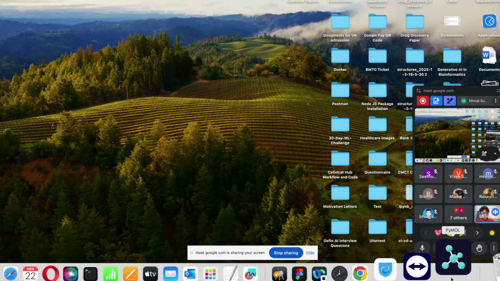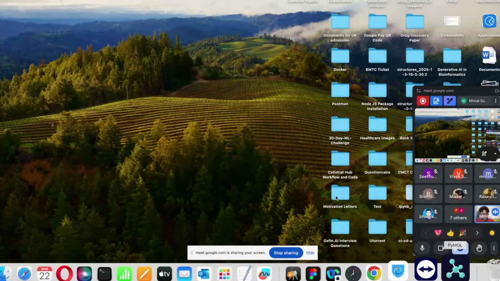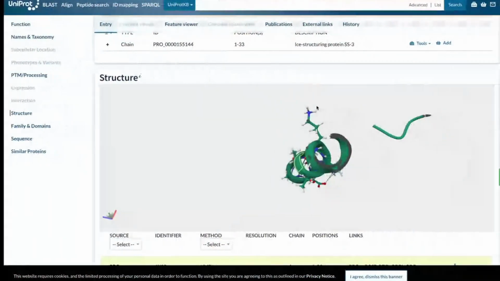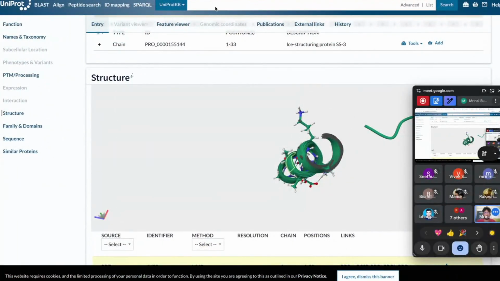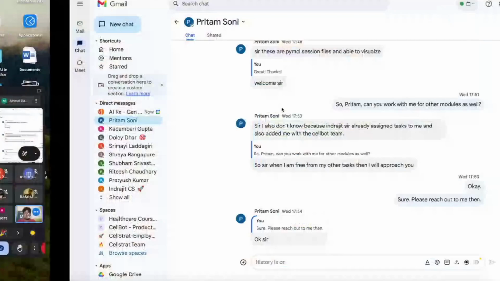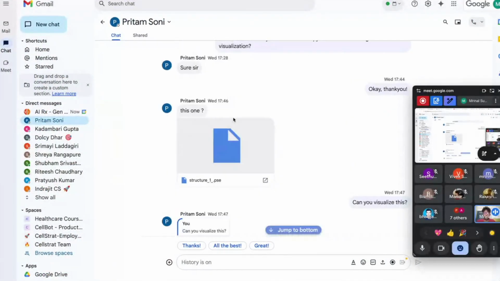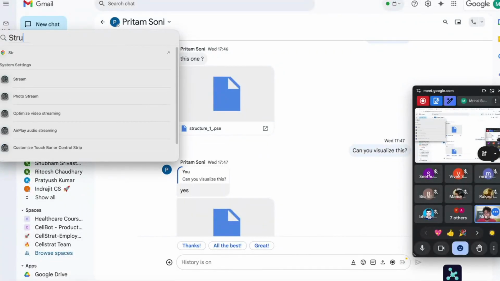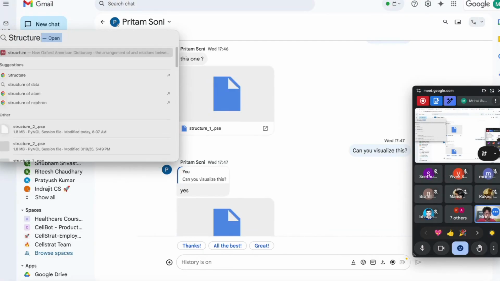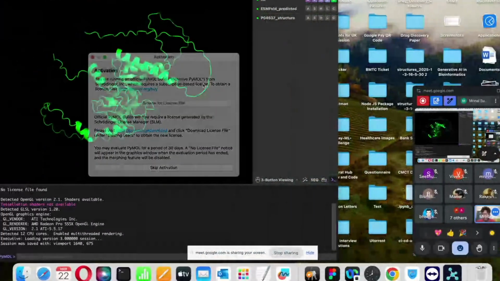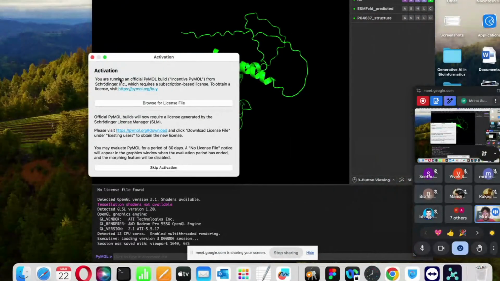So PyMol is this particular visualization tool for the protein sequence. Yeah, so this is the structure. I'm going to open structure PSC1. Okay, so structure PSC1, right?